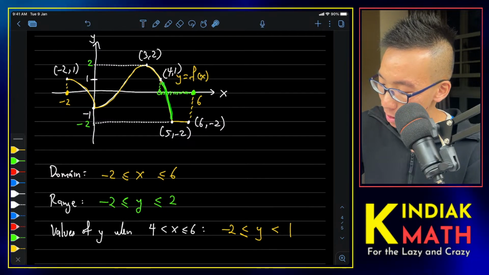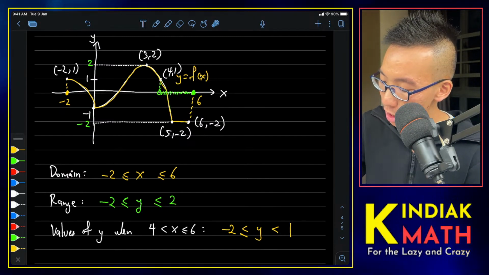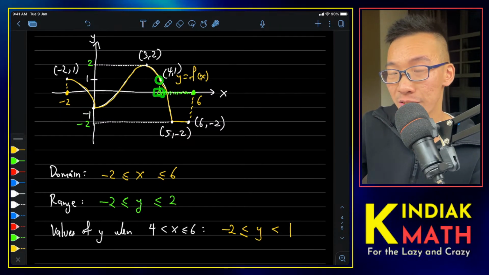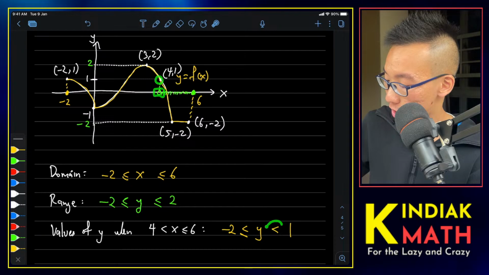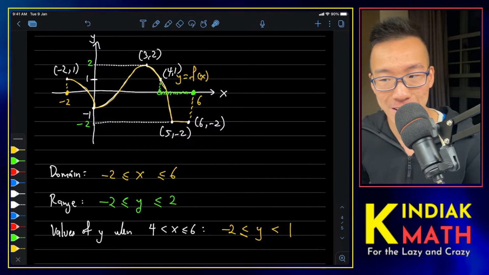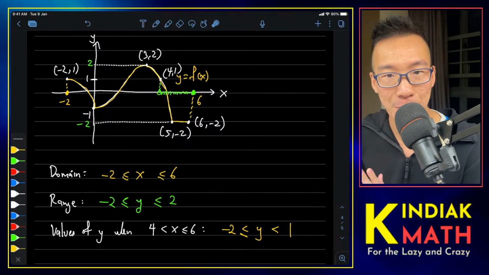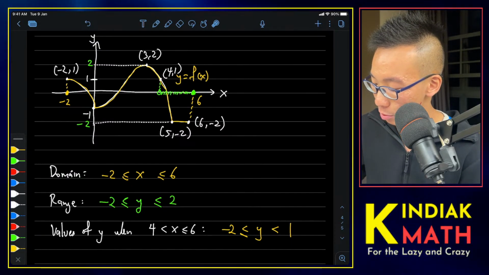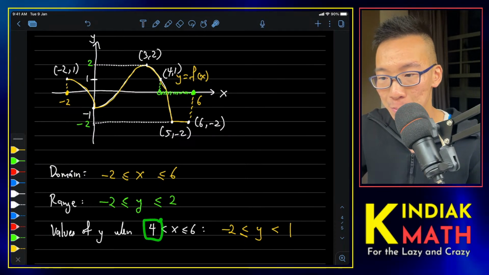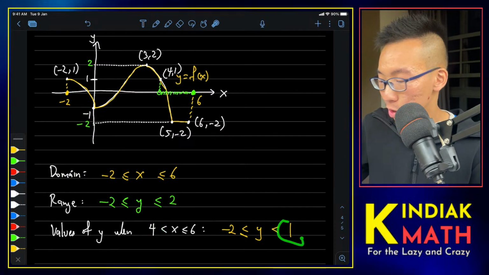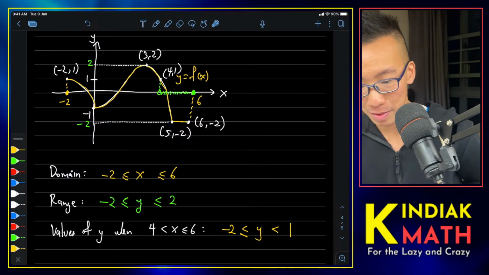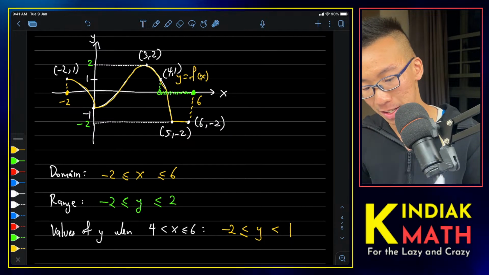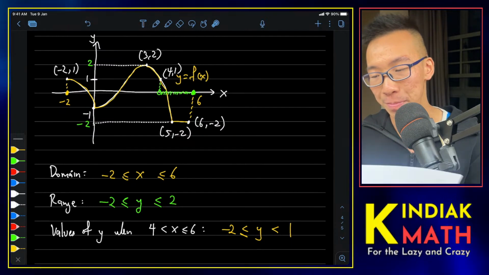However, if we go up here, we don't actually hit the number 1 because 4 is not a valid input. So we actually cannot include 1 as our answer. If we include 1, we need to include 4. But we're not including 4, so therefore we're not going to include 1. So it's a little tricky, but it's not as intense as it presents itself to be.